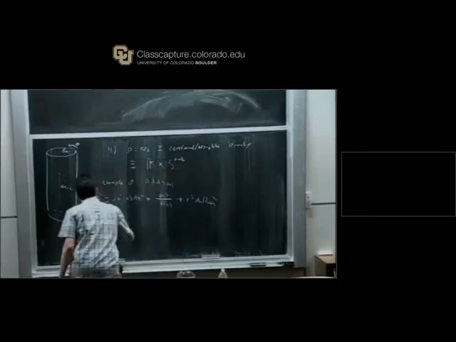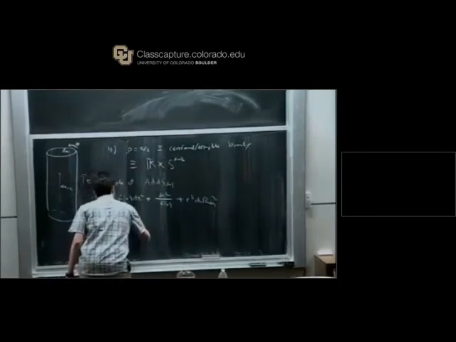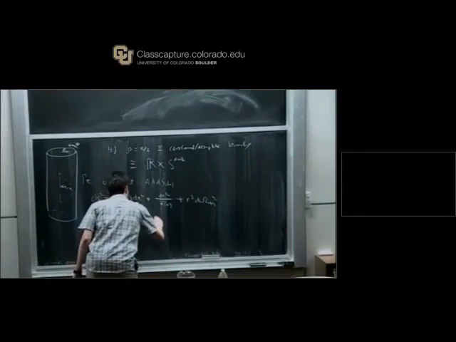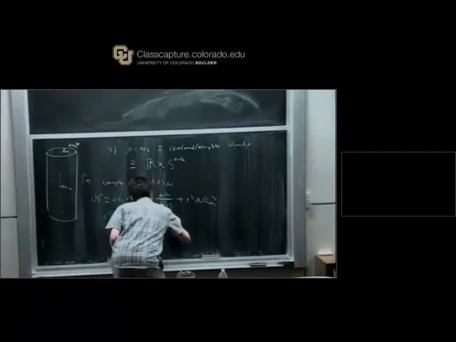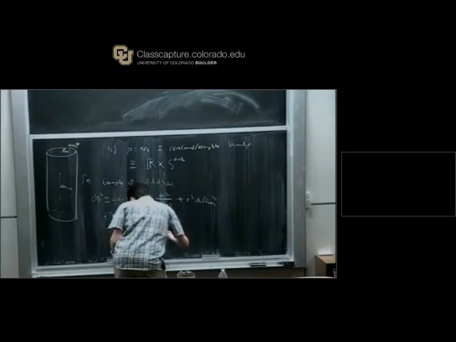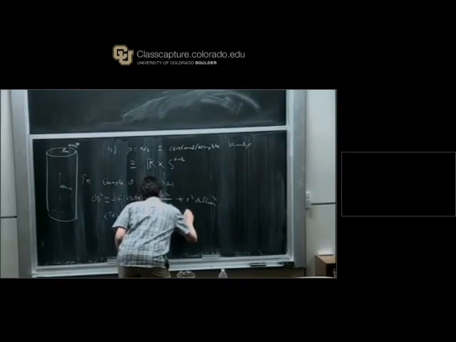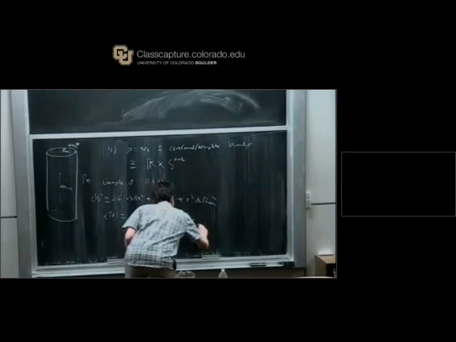And now this f of r is 1 plus r squared minus 16 pi G M over (d minus 1) Omega d minus 1 times 1 over r to the d minus 2.